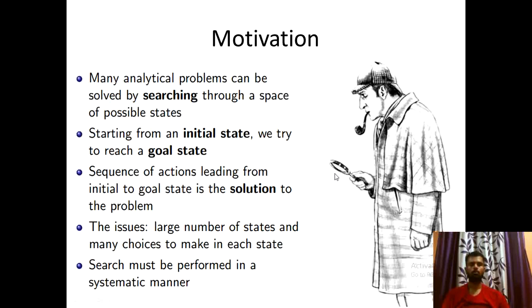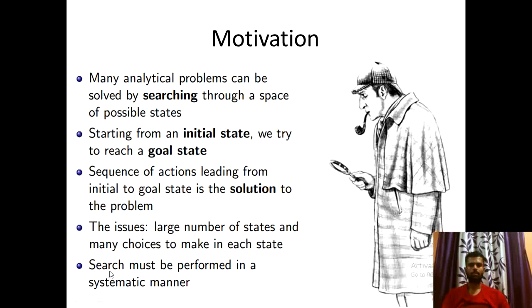During problem solving, there are thousands, or we can say millions, of possible states to reach a particular goal. Among those states, we have to select the optimal states, or optimal search, in order to reach our goal. That means we can reach our goal in minimum time.